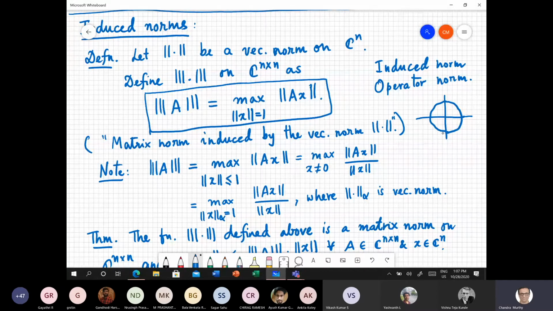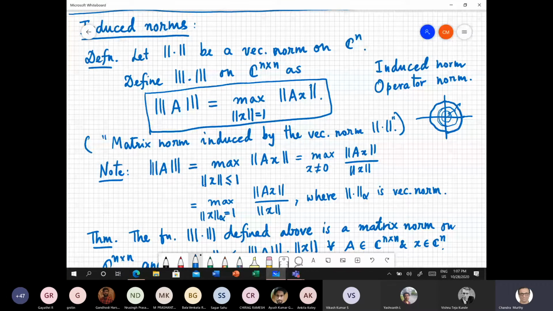Among all the points on the circle, which point maximizes norm Ax? As you go further and further out, this norm of Ax will also increase. So if I take a point x here versus a point x here, the norm of Ax over here will be bigger than over here, if these are on the same line, the same direction.